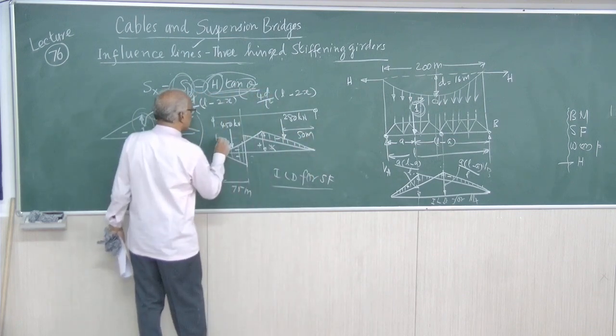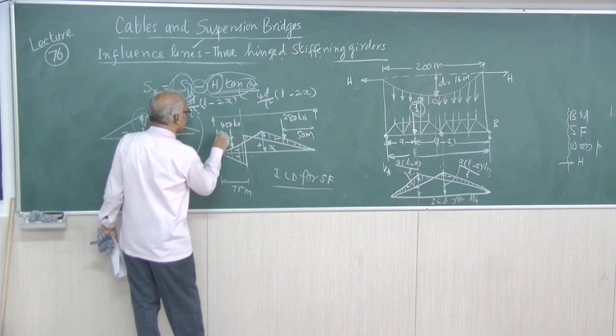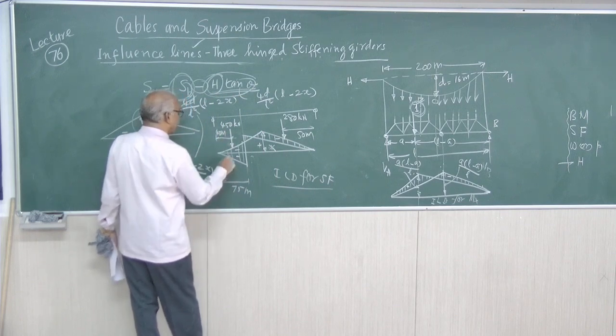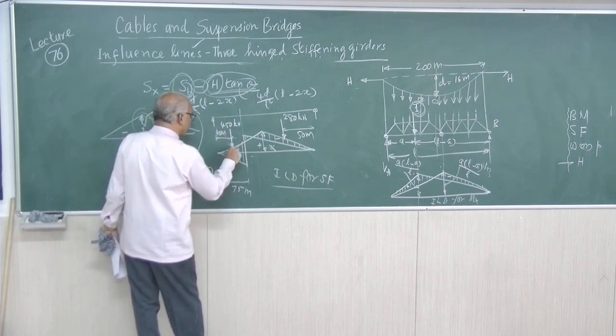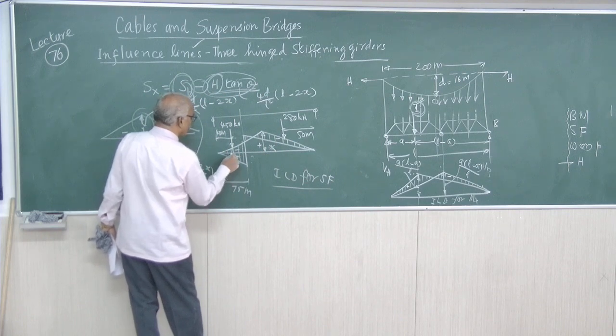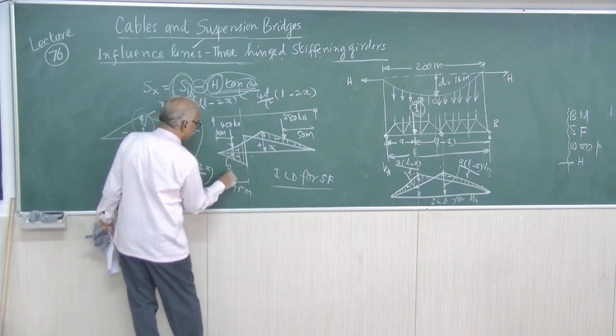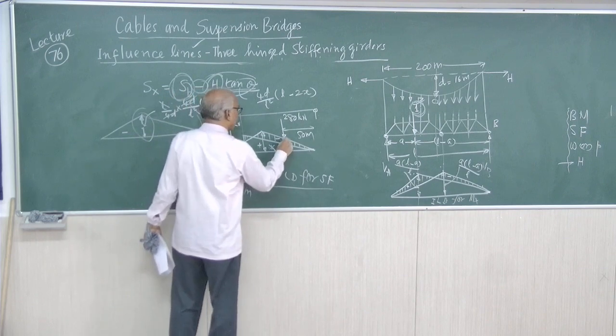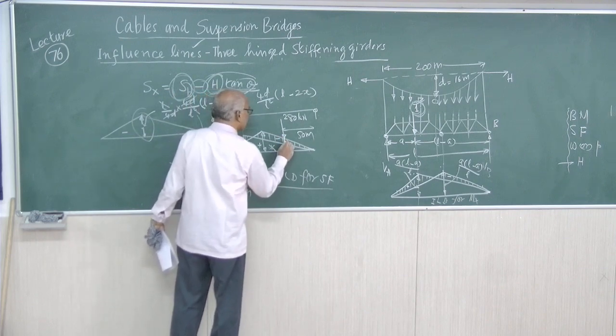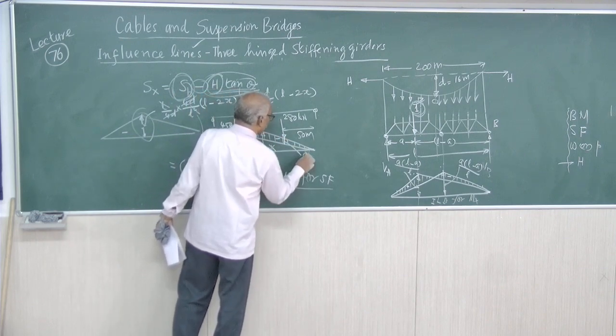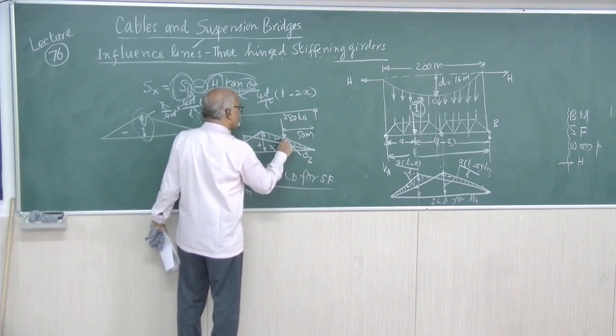We will call the net ordinate O1, and this ordinate alone is O2.